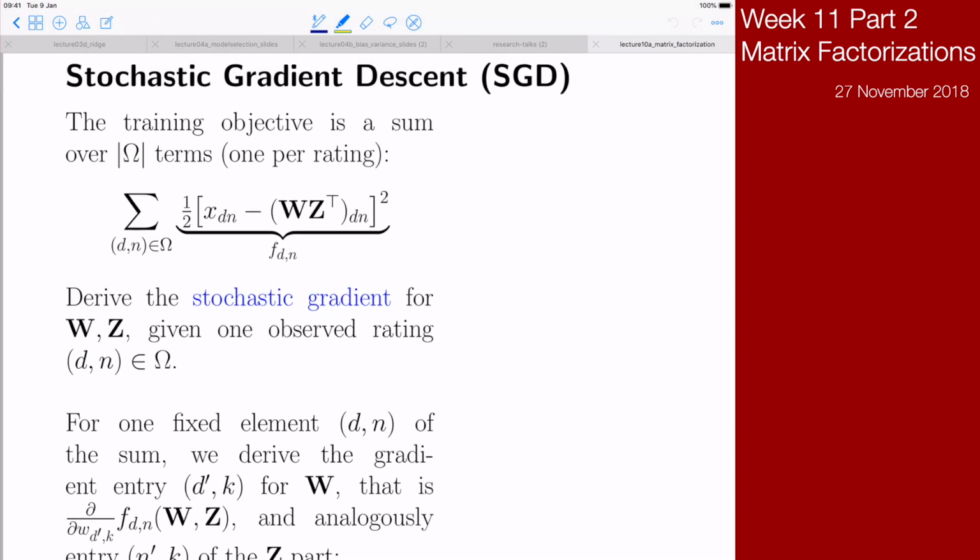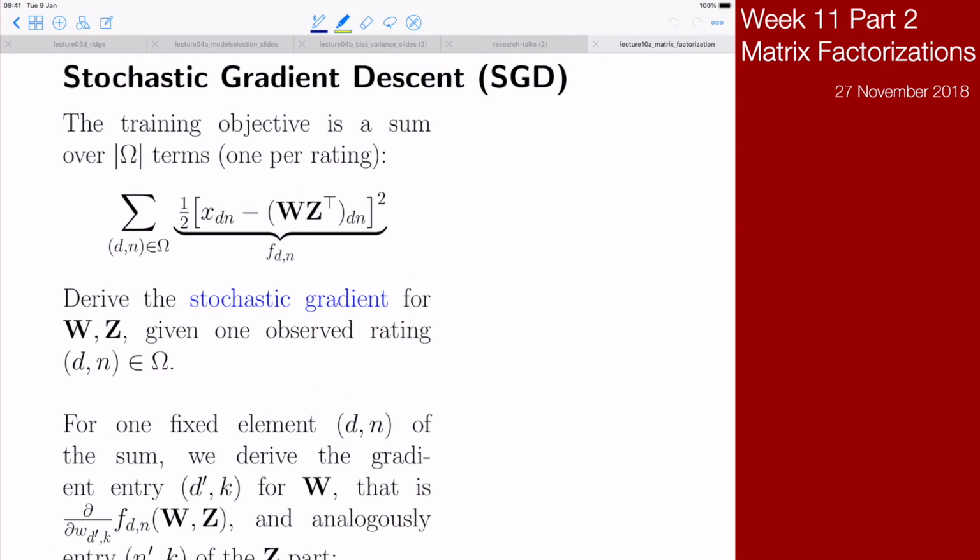Now, here is the sum structure. It turns out our loss function we defined also has a sum structure. Namely, it's a sum over all the observed entries. If you want to give it a name, you can call these f_{ij}. These are functions.